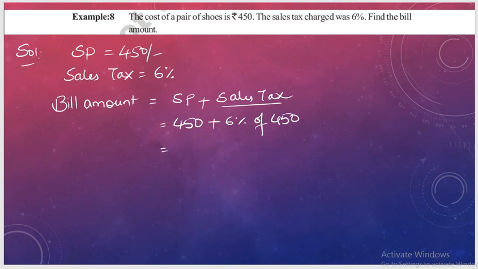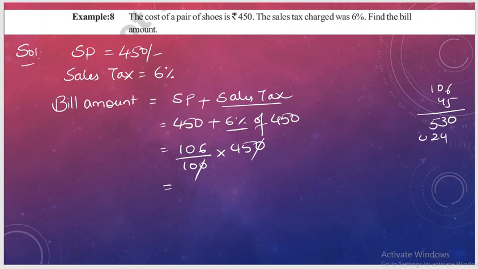So whenever you are having plus 6%, I can directly write it as 106 by 100 into 450. So the 10 and 10 get cancelled. Now when I multiply, what am I going to get? 106 into 45. So 6 5s are 30, 5 1s are 5. Next 6 4s are 24, 4 1s are 4.